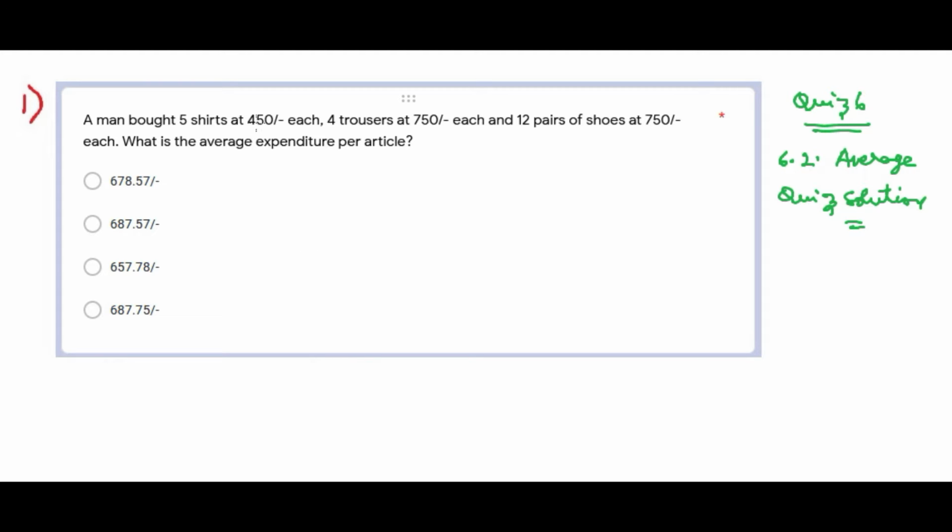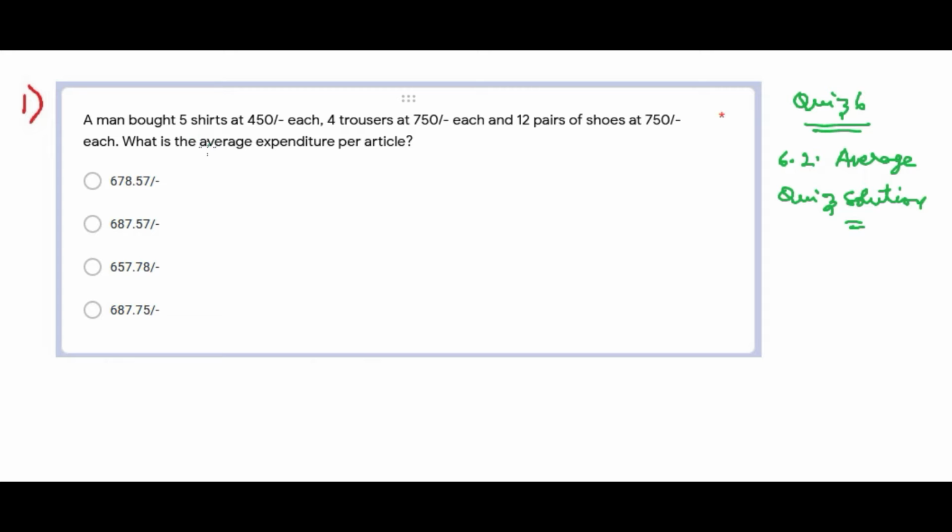So let us solve this in a very easy manner. Now we want to find out the average. Average means the sum of observations divided by total observations. So here we need to find the sum of the cost.